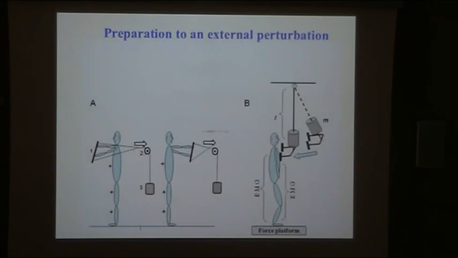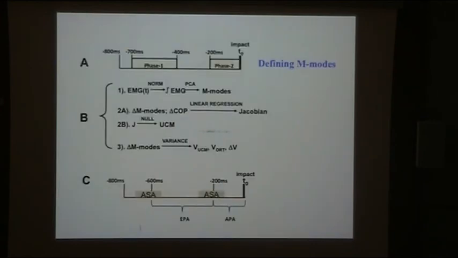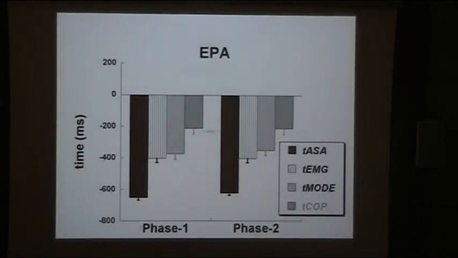And the same thing with the experiment that I showed you before with a pendulum hitting the person on the shoulders. Now, in this experiment, we asked our subjects not to lean backwards because otherwise they would really fall. But we asked them to stand in a semi-crouched posture, so joints released. That made sure that there were non-zero activations of all the important postural muscles, and basically got the same result. This picture shows that, but there, to remind you, there were 2 phases: early postural adjustment and anticipatory postural adjustment.